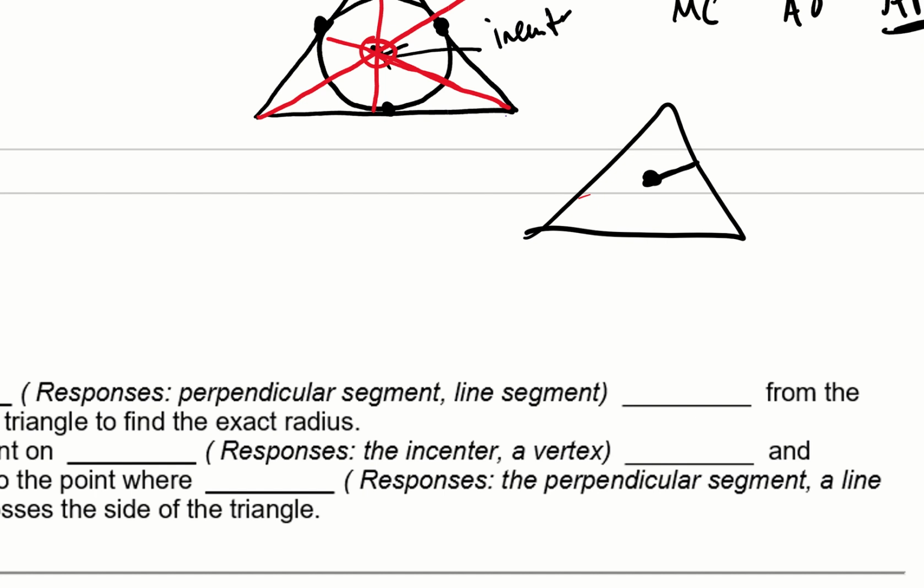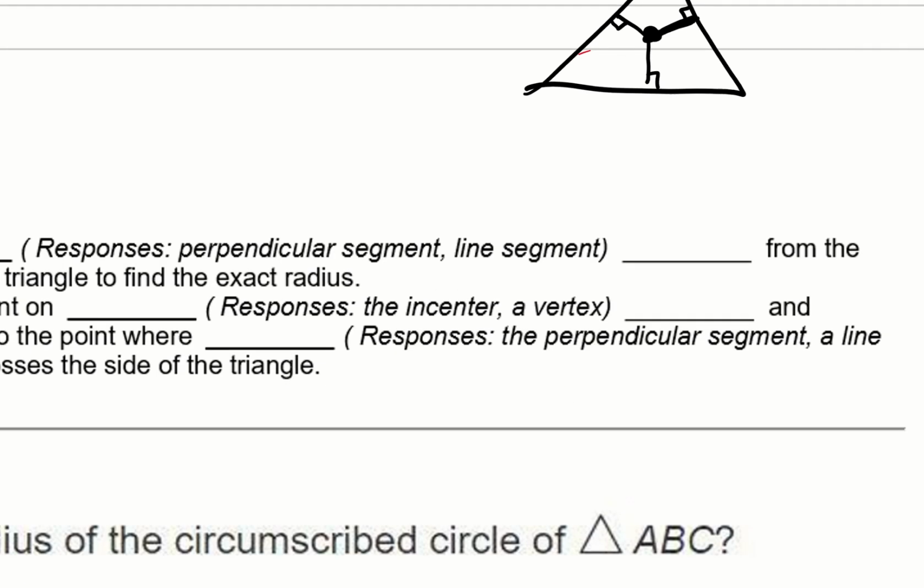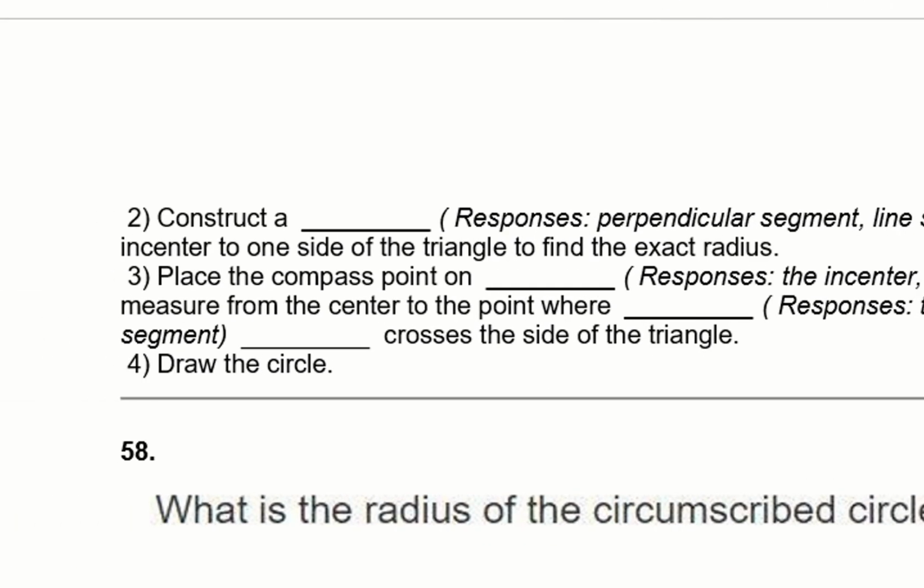So you want a line segment that is perpendicular to that side, to either that side or this side or this side. And then find the length of that. Okay, so you need to construct not a bisector, but a perpendicular line.